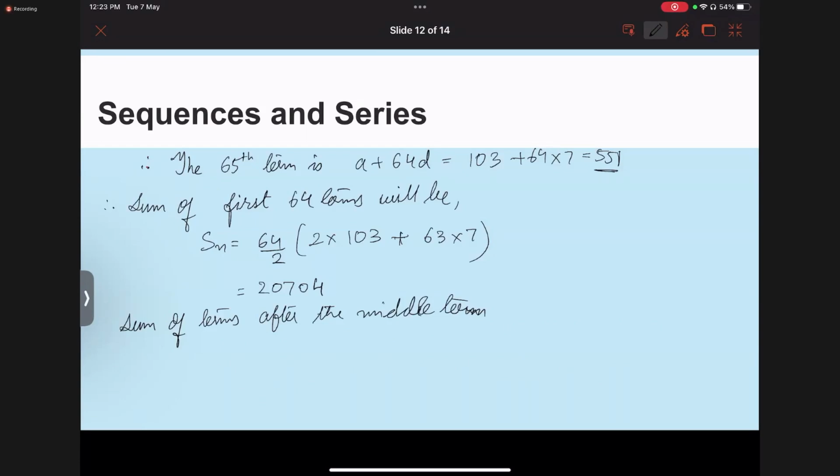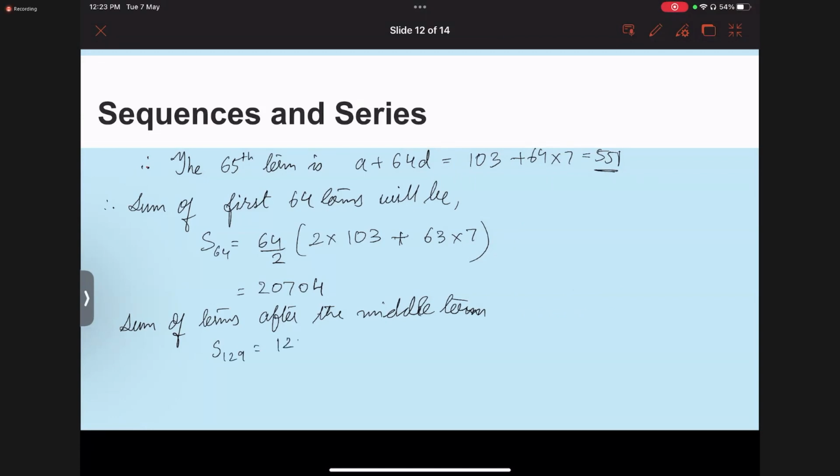So now what you can get is the sum of all the terms, up to 129, and then you can subtract the sum of the 64 terms, so you can get the sum of the remaining terms. Over here I use directly the n value. So S64 we have. Now we will find S129.